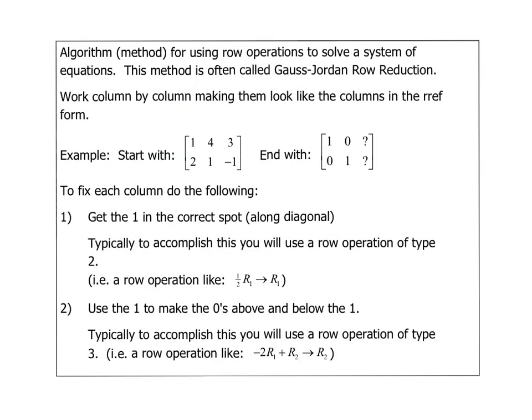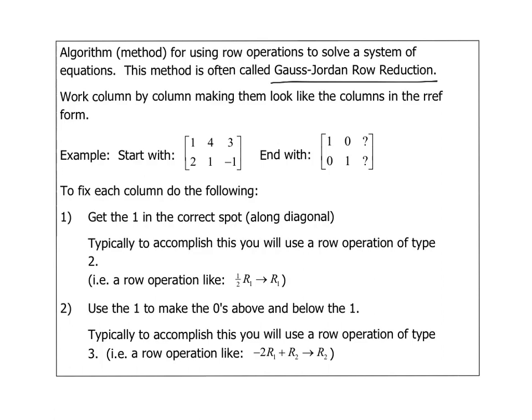Let's see the process that we're going through using row operations to take an augmented matrix and turn it into the reduced row echelon form matrix. This process is called Gauss-Jordan row reduction, or sometimes it's called Gaussian elimination. What we're going to do is work column by column.